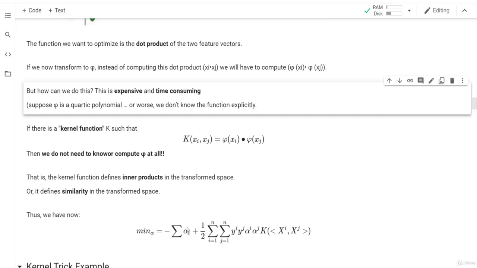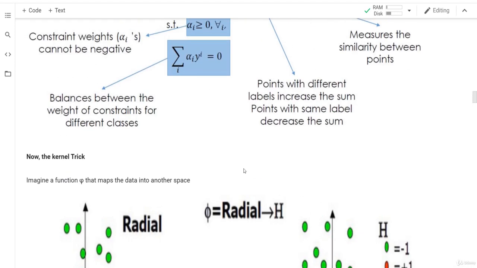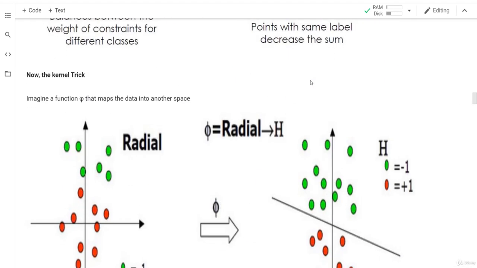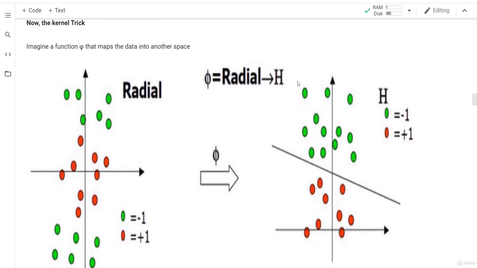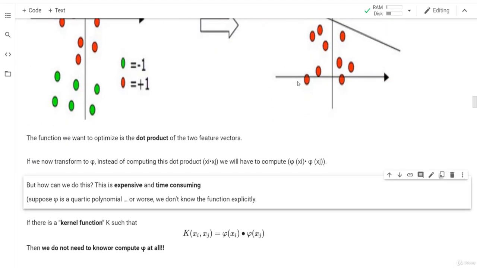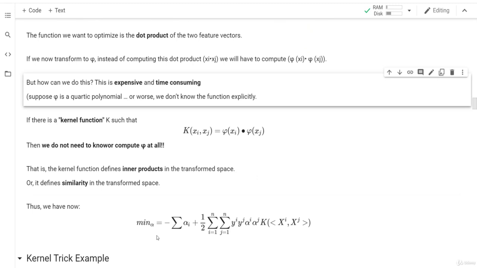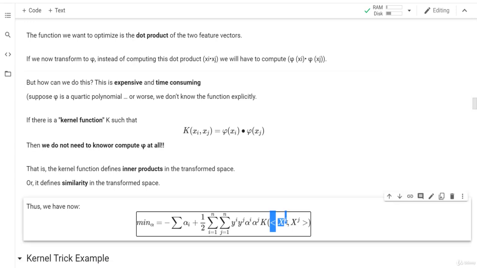So using this kernel trick, instead of computing phi each single time, or computing the transformation function each single time, we will compute the kernel of xi xj. What will happen is that we are going to compute xi xj just like before. This is a given. We cannot really decrease or remove this part.